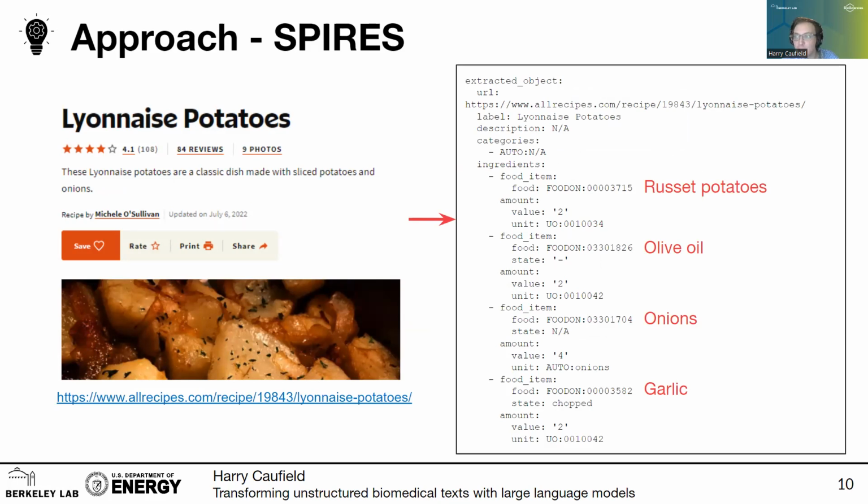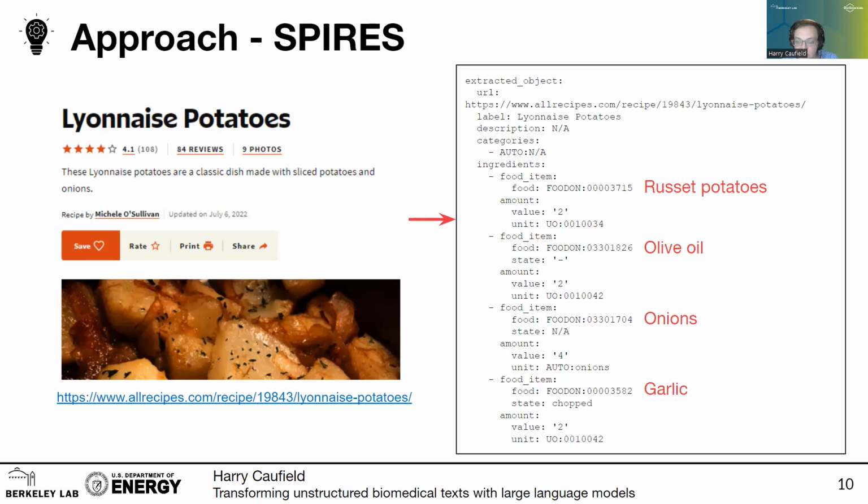Now, this is actually a truncation of the total result that you get, but you can see right away that based on our data schema that we provided, you get lists of ingredients coupled with the amounts. Now, each of those ingredients are defined based on the food ontology, or FoodOn, so they each have those nice unique IDs. The amounts are based on a given value if provided, as well as a unit from the units ontology, that's UO. So essentially you have a completely structured ingredient list based on values.